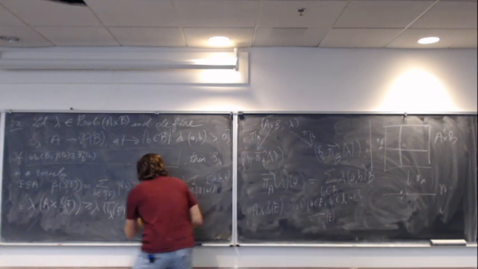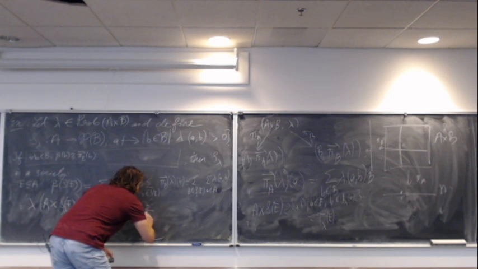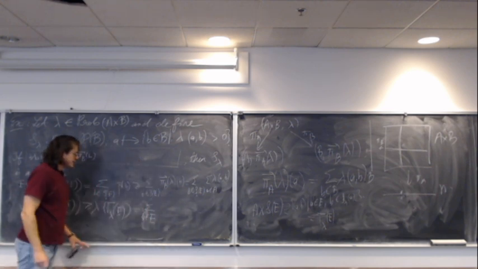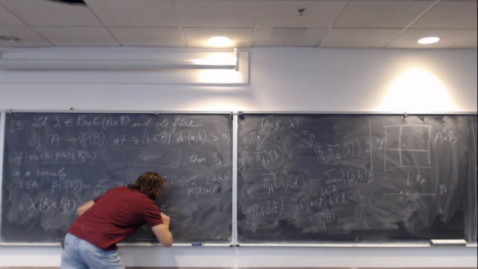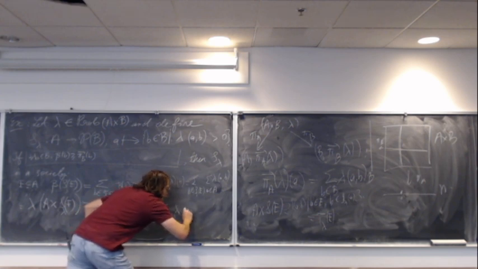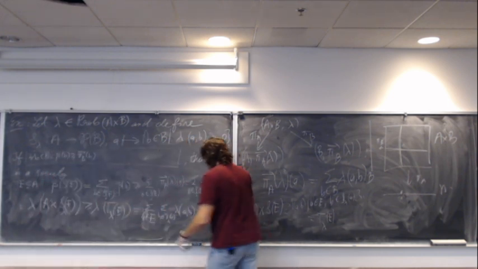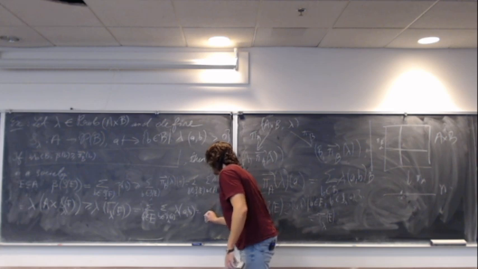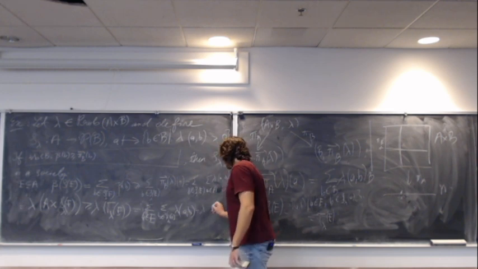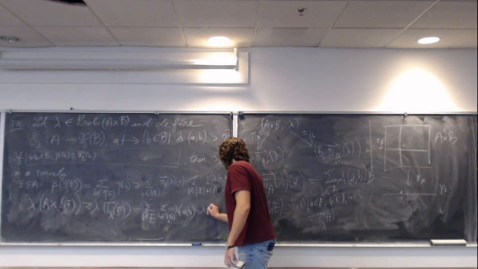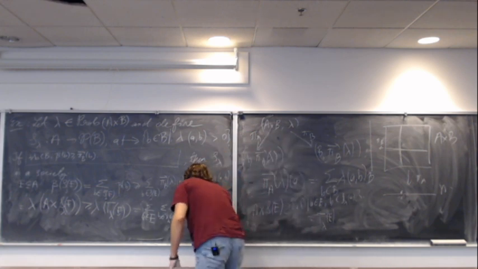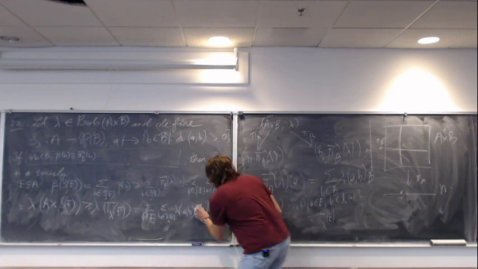So this is like this: sum over A in E and B in S sub lambda of A. Okay, but then this is the same thing as lambda of E times B, which is the same thing as, oh wait, here's what I need.